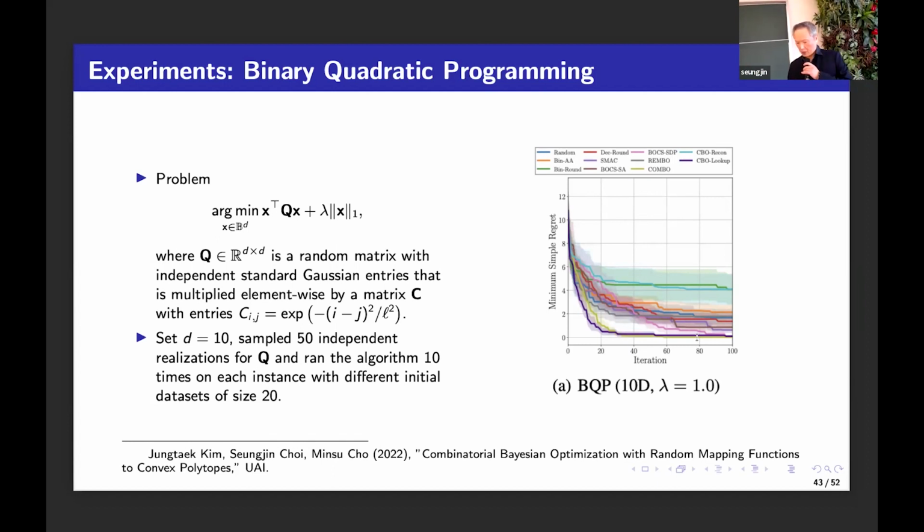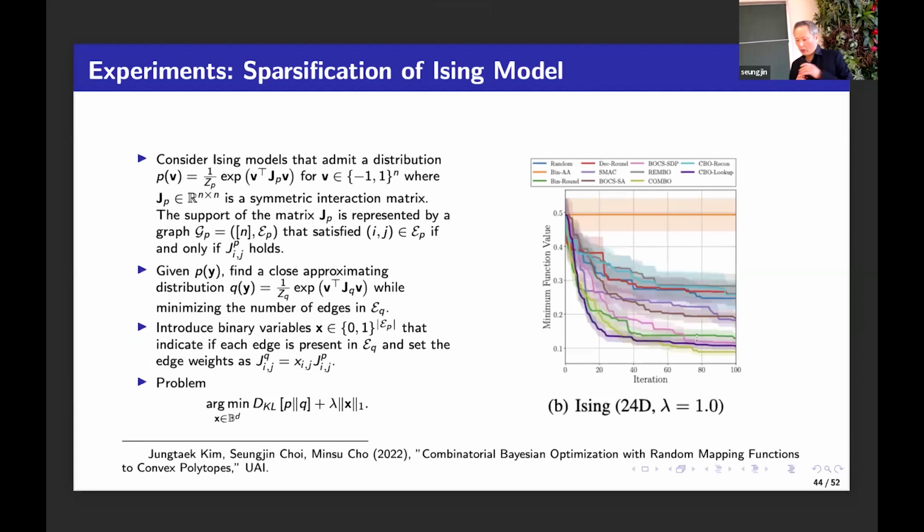Also, in Ising model specification problems, we have some Ising models which follow Gibbs distributions, and the variables are simply binary, either -1 or +1. The matrix J is the interaction matrix.